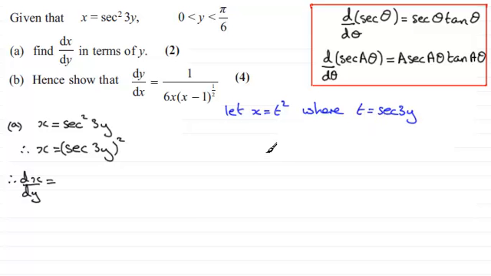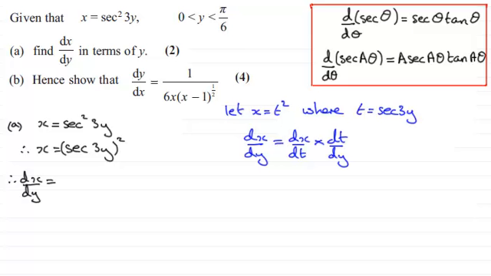So when it comes to differentiating this, dx by dy is exactly the same by applying the chain rule as dx by dt multiplied by dt by dy. It's as if these dt's cancel, leaving me with just dx over dy.